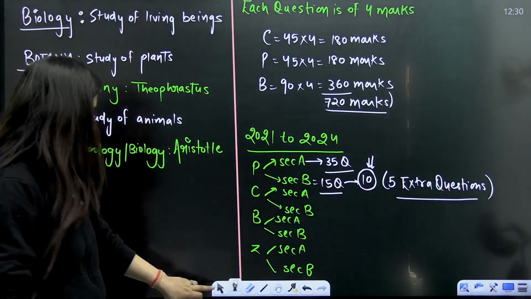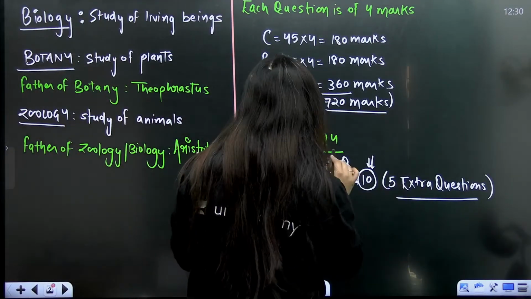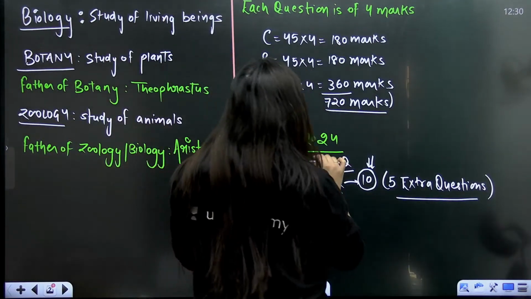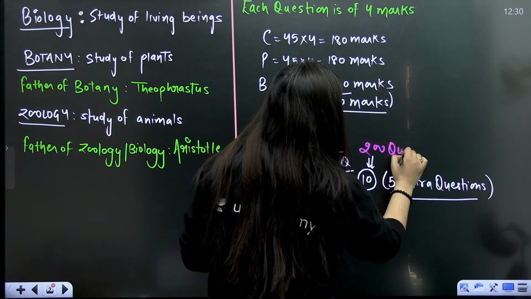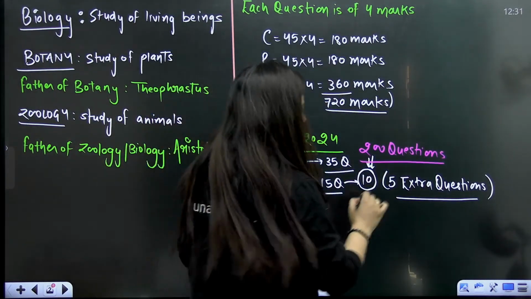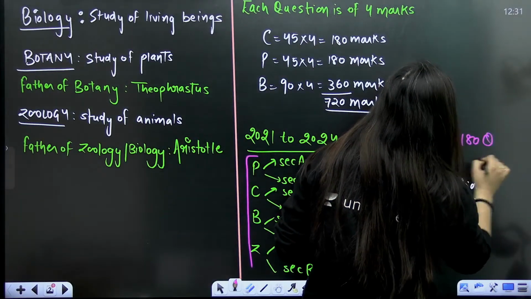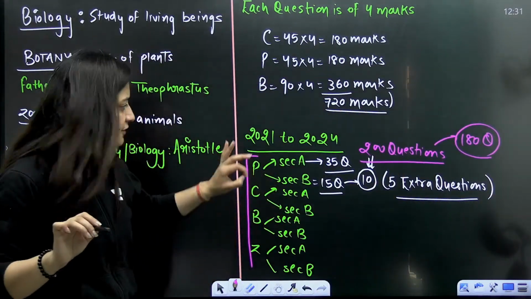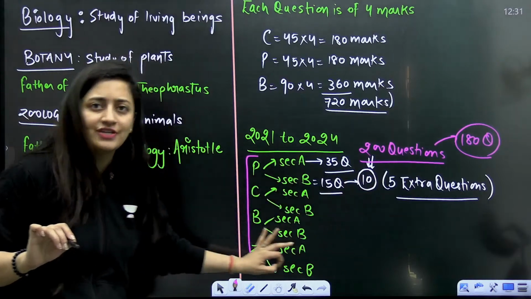The total number of questions was 200, but we needed to attempt 180 only. So overall the exam is for 720 marks, but they changed the exam pattern. Why?